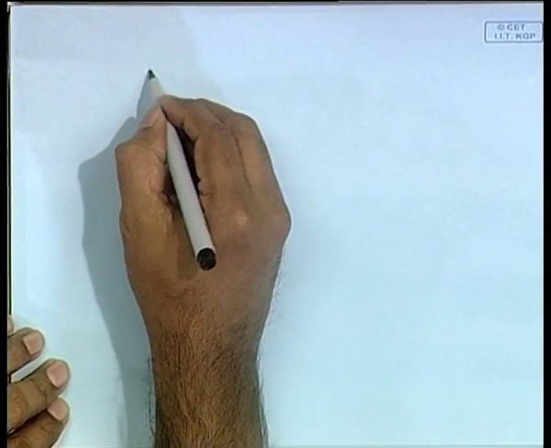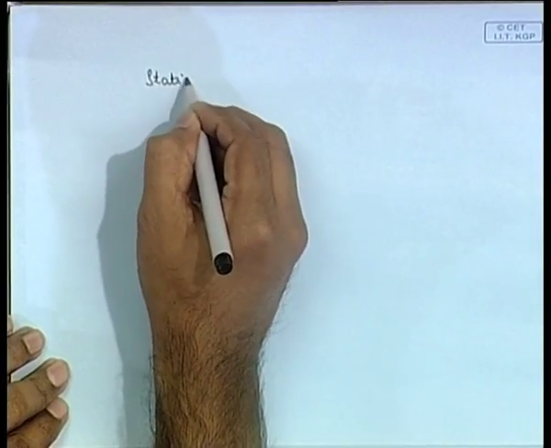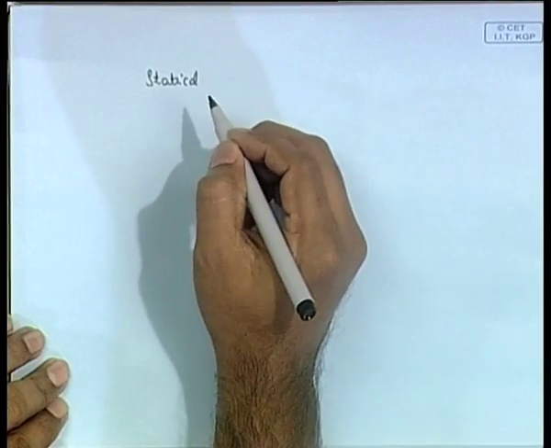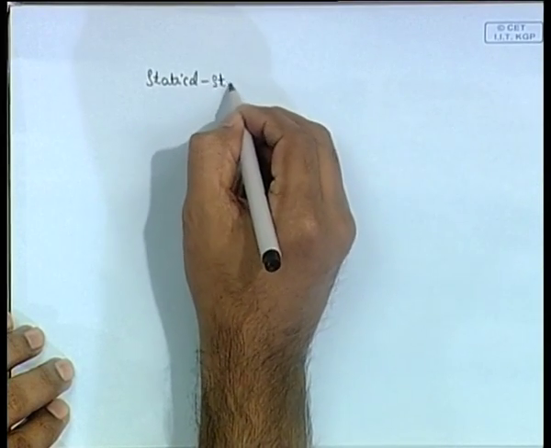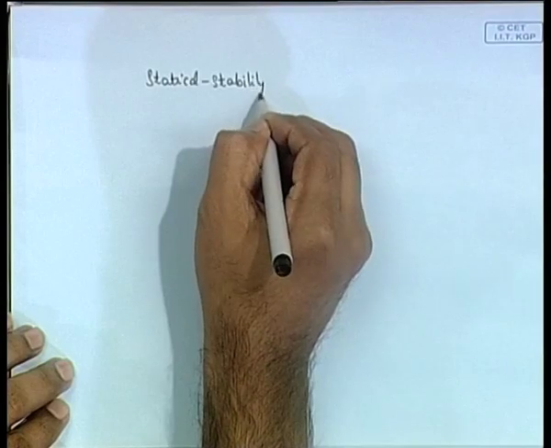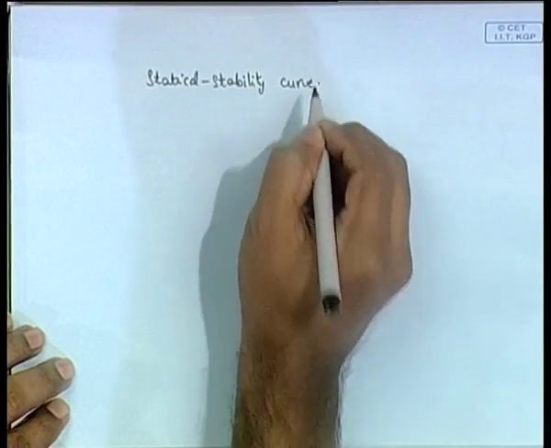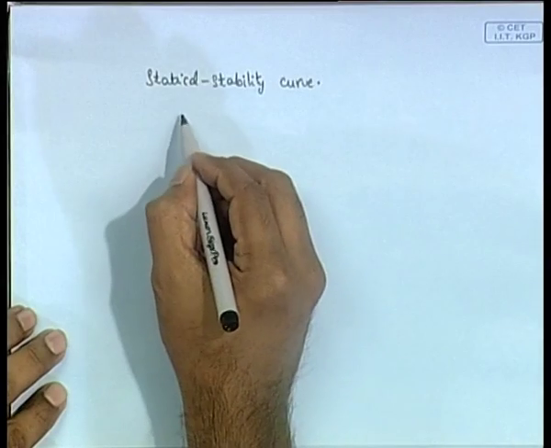Next one is more important, this is known as the statical stability curve. As I said before, this is probably one of the most important things in the course. Now, the curve comes something like this.